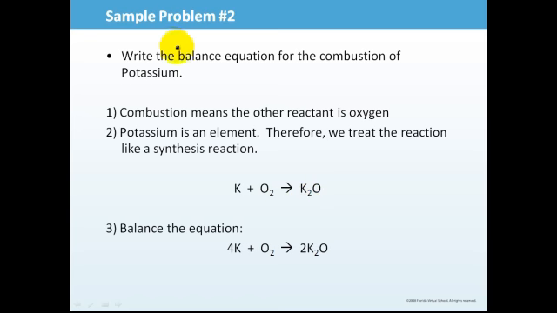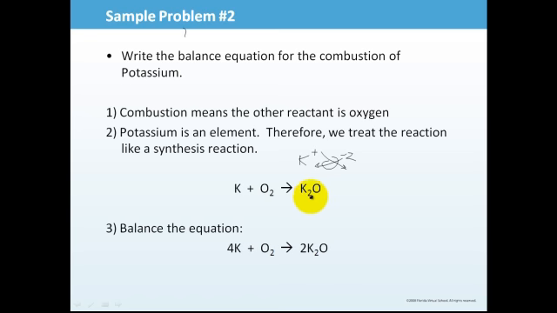Now that K2O we get from K having a +1 charge and oxygen having a -2 charge. Remember those are the two common ions. So when we do the crisscross method, that 2 becomes the subscript behind the K, and this 1 becomes a subscript behind the O. So that's where we get K2O from. Remember that's what we learned back in 3.05 in that assignment.